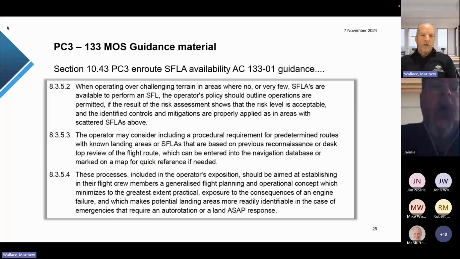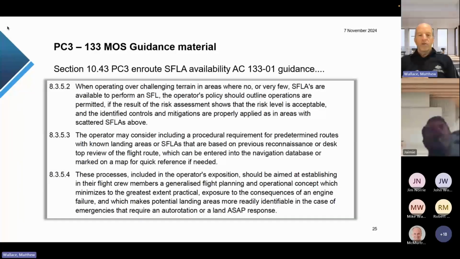These processes are obviously included in the exposition and aimed at establishing for the flight crew members a generalised flight planning and operational concept, which minimises to the greatest extent possible exposure to the consequence of an engine failure and makes those potential landing areas readily identifiable. Again, it's just a common sense approach, saying, hey, if you're operating over this area all the time, look at what you're going to do and include those procedures in your operations manual and ensure that the pilots are compliant with that.